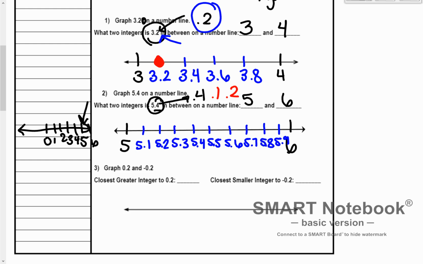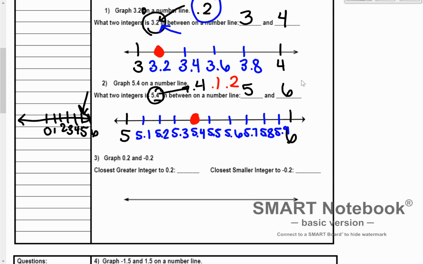I wanted 5.4, so I'm going to put a nice big dot where 5.4 is. Again, I could have counted by 0.2s. It would have looked similar to the last one, where this would be a 5 and this would be a 6, and it would be 5.2, 5.4, and then we just have the dot on there, 5.6, 5.8. But you can always count by 0.1s or 0.2s, whatever's easiest for you, whatever comes to mind first.